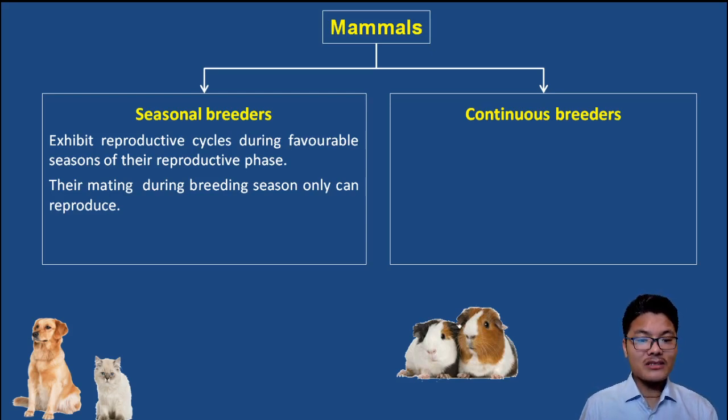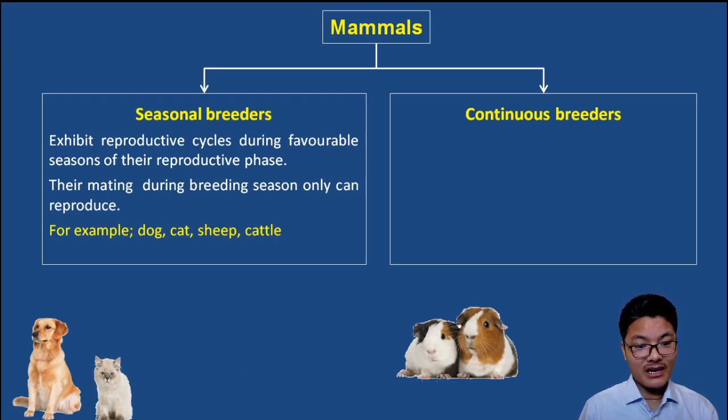Seasonal breeders become actively reproducing animals only during the favorable season. Examples of seasonal breeders are dog, cat, sheep, and cattle.